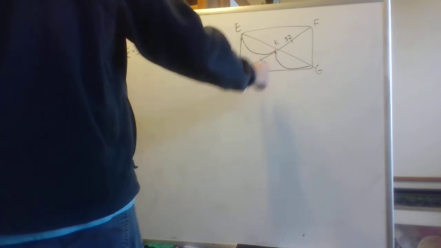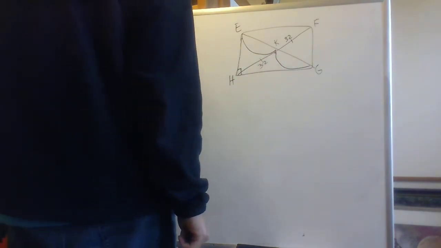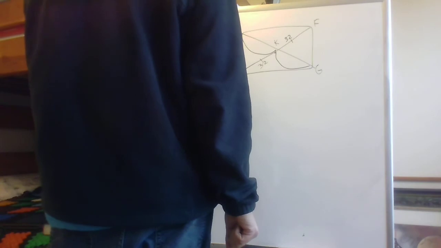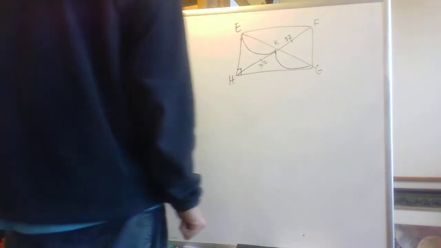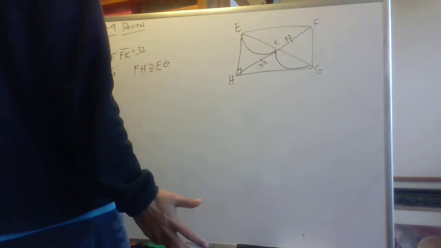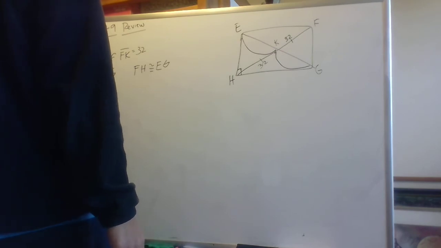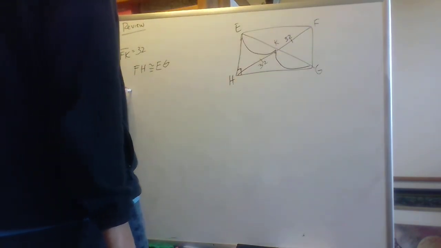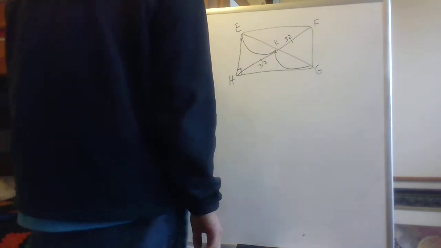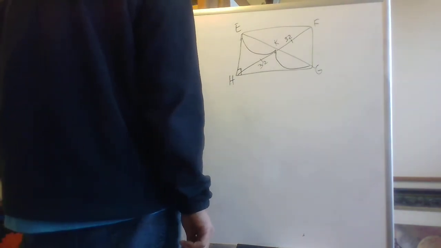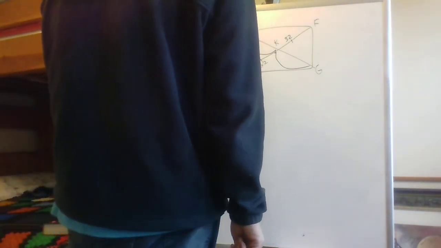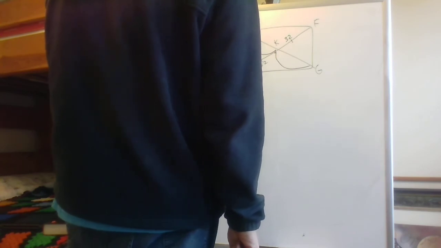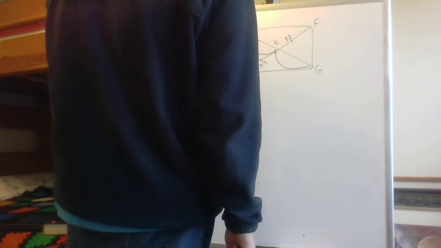And since FH is congruent to EG, we just need to look at FH's total length, and we determine that the length of diagonal FH is FK plus HK, and that's going to be 32 plus 32, which is 64 units. So that means that diagonal EG is equal to 64 units.